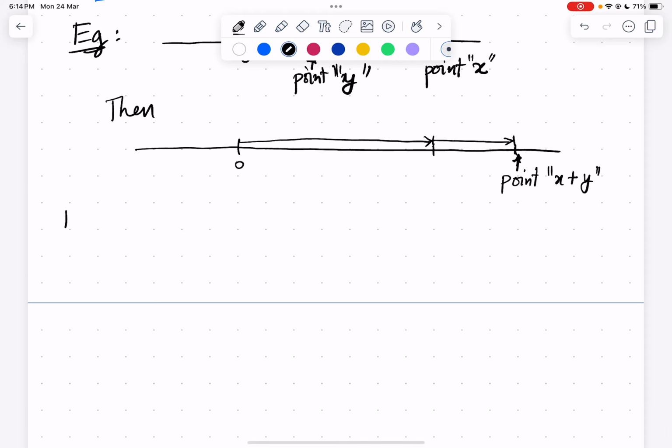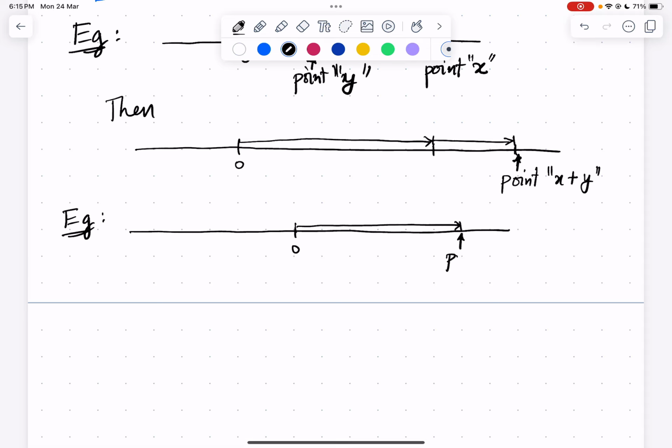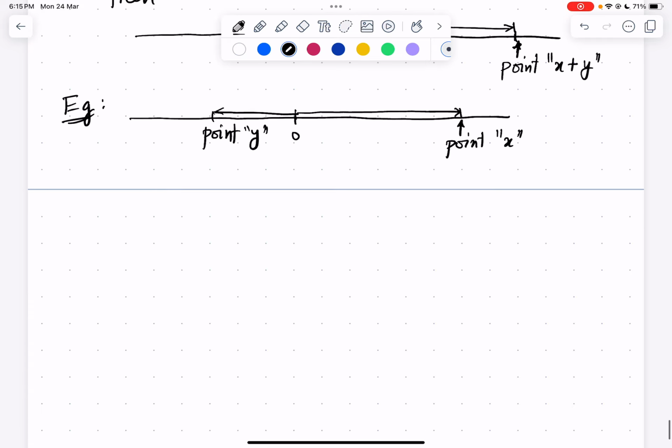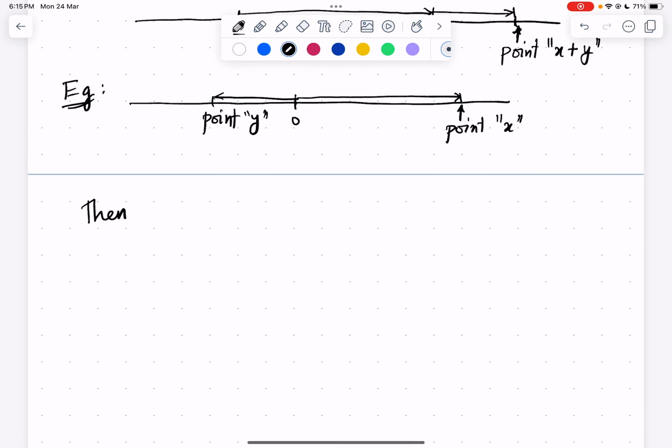So another example, suppose this point is x and this point is point y. Then x plus y can be found like this.